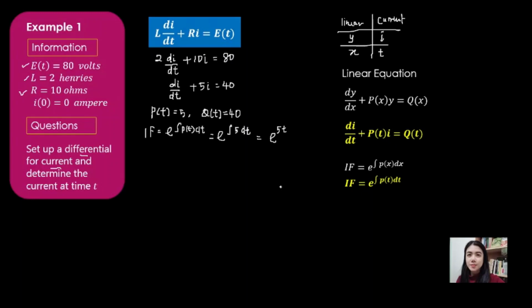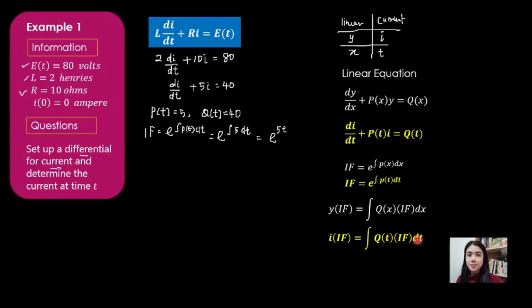Now the last step to solve the linear equation is that you're going to use this formula: y times the integrating factor equals the integral of qx times the integrating factor dx. Again, we're going to modify this one so that we can use it to solve our current differential equation problem. You have to change your y here into I, and change the x here into t.